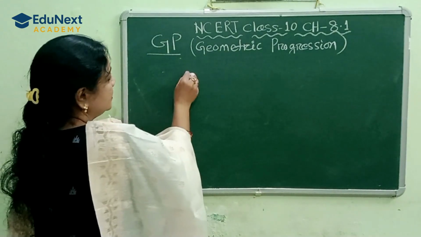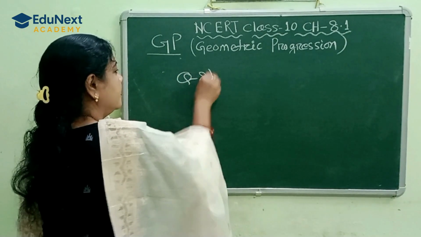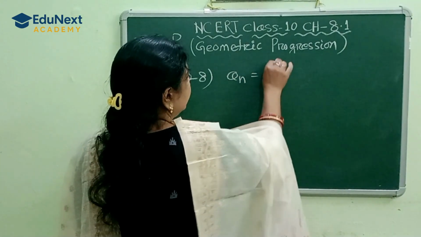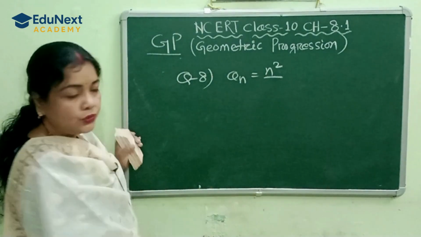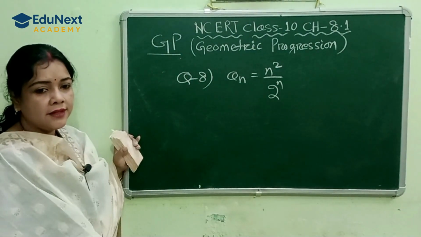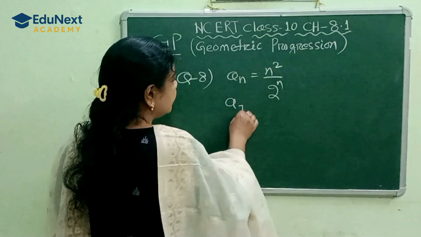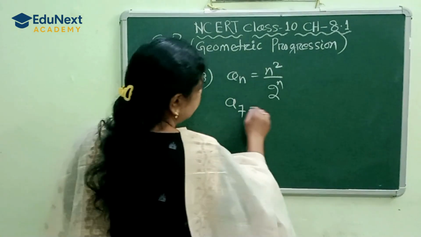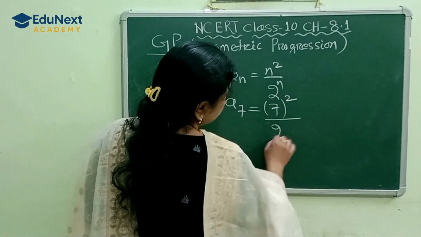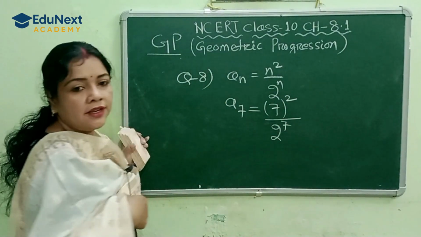Question number 8 is given a_n is equal to n squared by 2 to the power n. You have to find a7. Very simple. In place of n, you have to put 7 here.